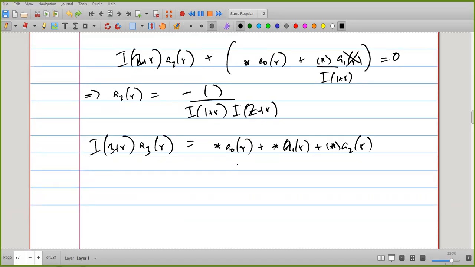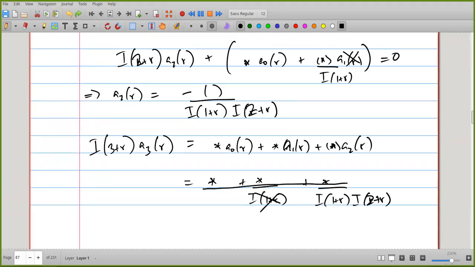Here there's going to be some polynomial plus something divided by I of 1 plus r plus something divided by I of 1 plus r into I of 2 plus r. Once again we clear denominators and write this whole thing as something on top divided by I of 1 plus r. I hope that is clear.